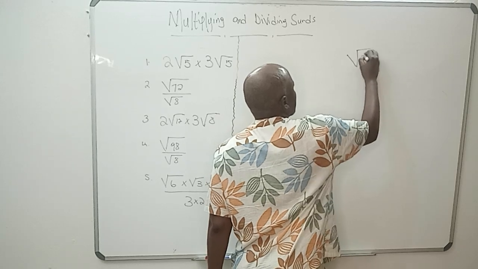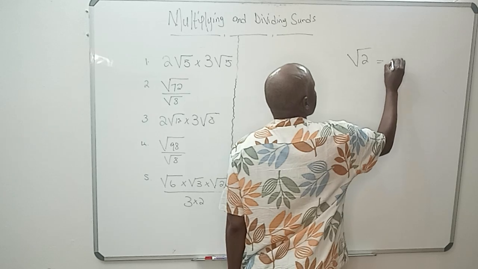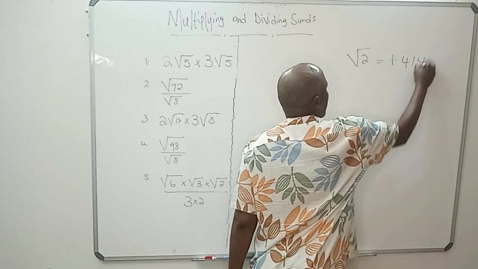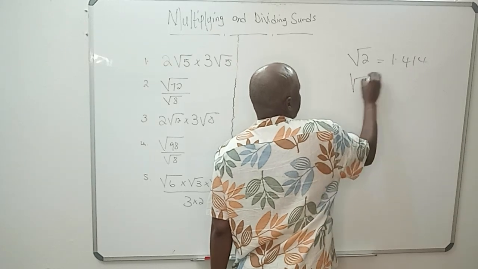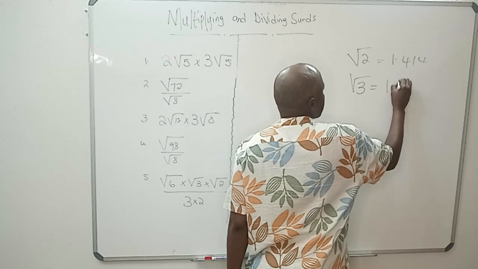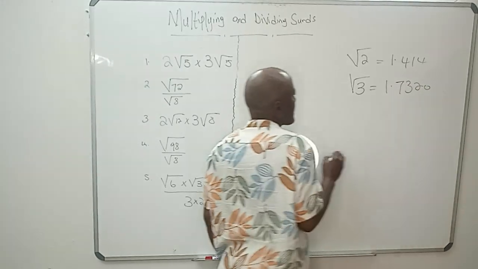The square root of 2 is equal to what? 1.414. The square root of 3 is equal to 1.7320. Right?